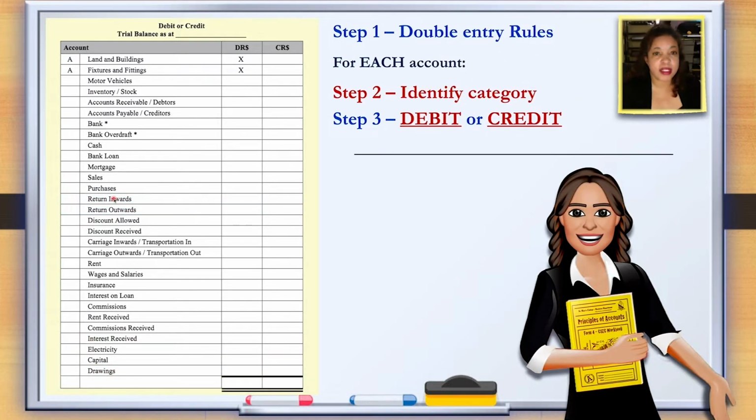So that is basically, I gave you some examples. Of course, I cleared it off because I want you to remember you follow the steps, step 1, step 2, step 3. There are 2 more. I didn't put it up here in terms of highlighting, but you see carriage inwards and carriage outwards. Carriage inwards is money that the business pays to have goods brought in.